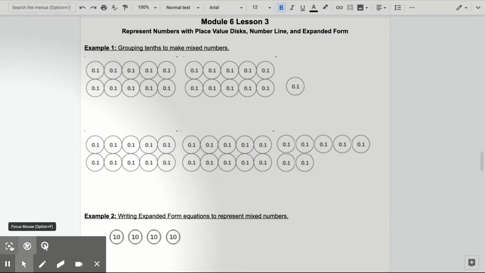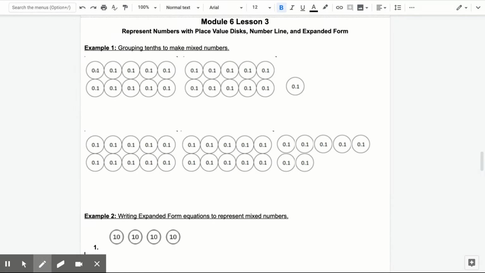First, we want to ask ourselves the question, how many groups of 1/10 is going to make a whole? Well, we know that a whole is 10 tenths, so we could count out 1, 2, 3, 4, 5, 6, 7, 8, 9, 10. So that means I would want to group these 10 tenths to make one whole.